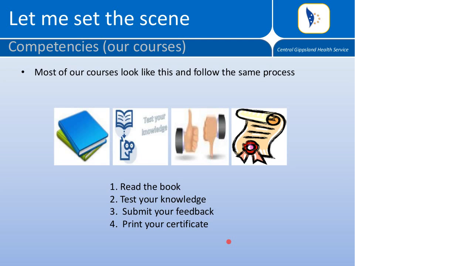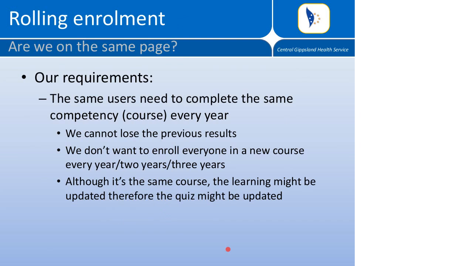The Test Your Knowledge is a quiz, and sometimes it's simply a one-question declaration that they've completed the learning. Then we have our feedback, and for our courses, feedback is what generates a completed status for our reporting, and then they can print a certificate if they wish.